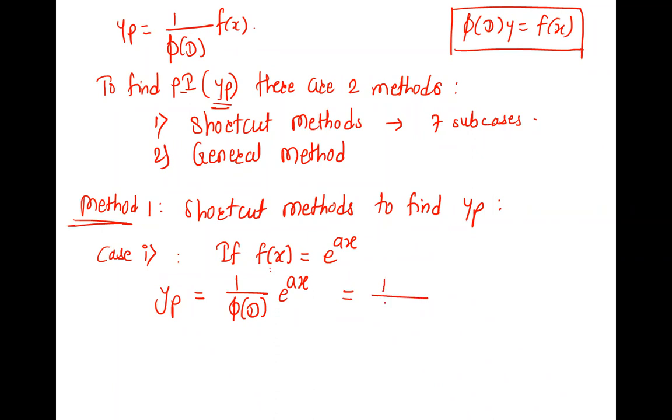Means what you have to do is replace that d by the power of e, here it is a, into that e raised to ax as it is. Means what? Replace d by a. A is what? Power of e.